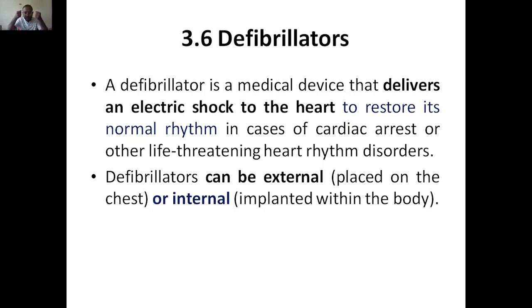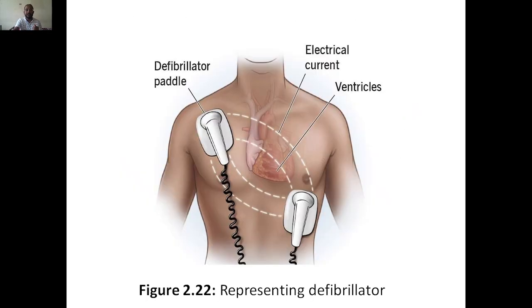That means they will give an electric shock, a high voltage electric shock, so that the function of the heart can be restored to the normal rhythm. For example, this is how it looks.